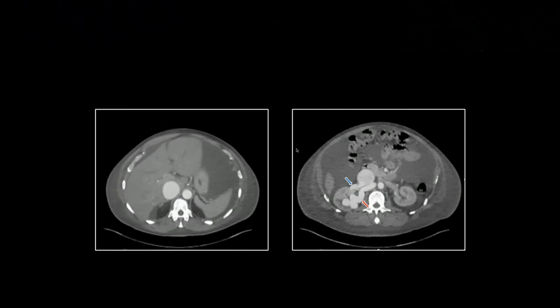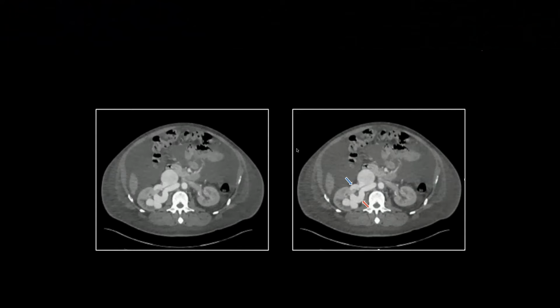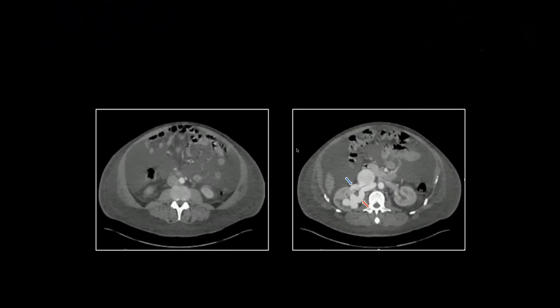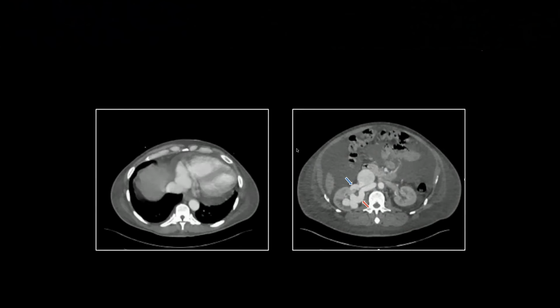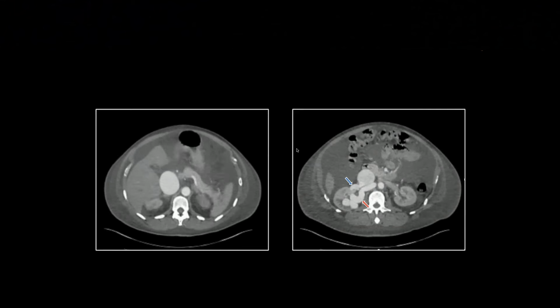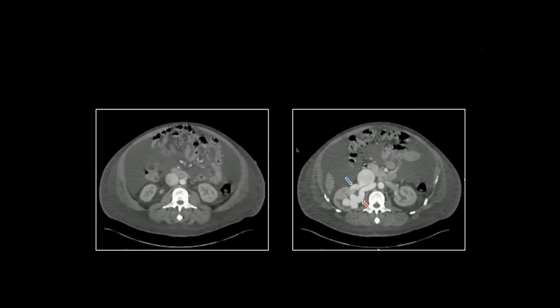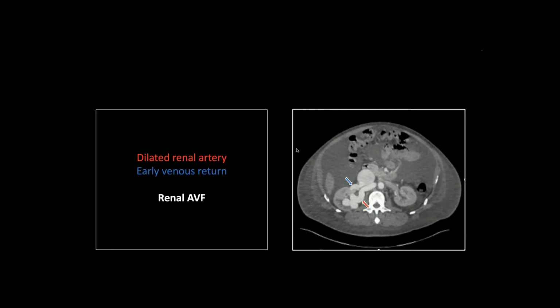It's also coming up the IVC and out retrograde into the hepatic veins. So that really gives you an idea of how increased the flow is in these situations. There are those hepatic veins. Then a huge tangle of renal artery, renal vein, giant dilated IVC. All right, so that is a renal arteriovenous fistula.